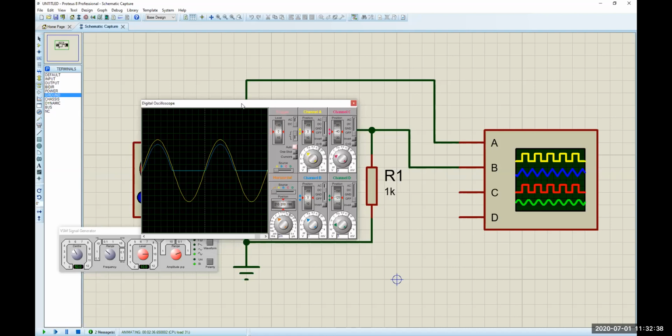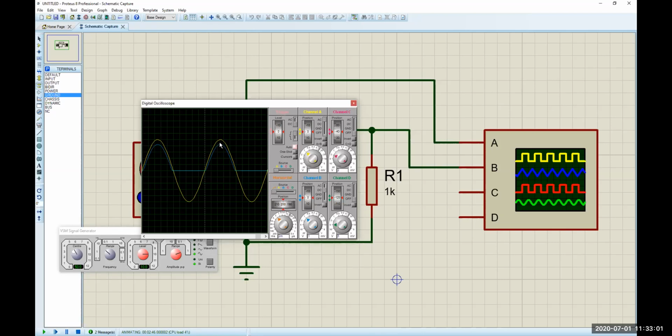So can you see your input is a bit bigger than your output? Your input is a bit bigger than your output, your output is a bit smaller. Can you see that?